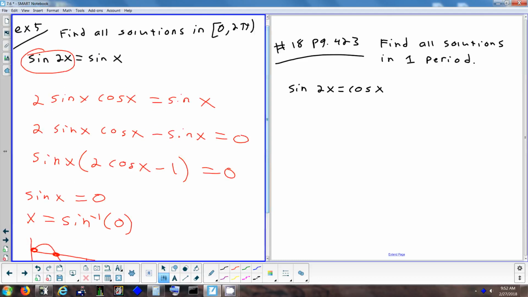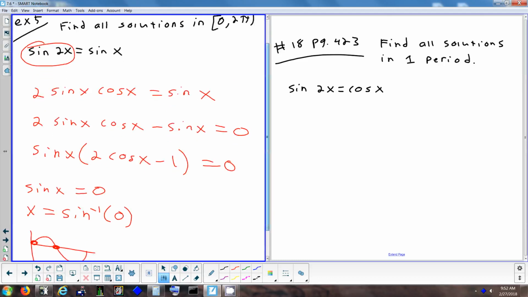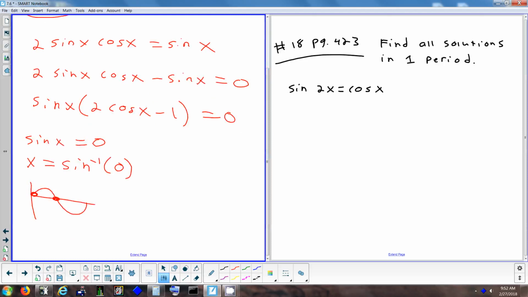Between 0 and 2 pi. So they want both of them. So what would be the x values of those two coordinates? Yeah, 0 and pi. So 0, pi. Or if you wanted to do degrees, 0 and 180.